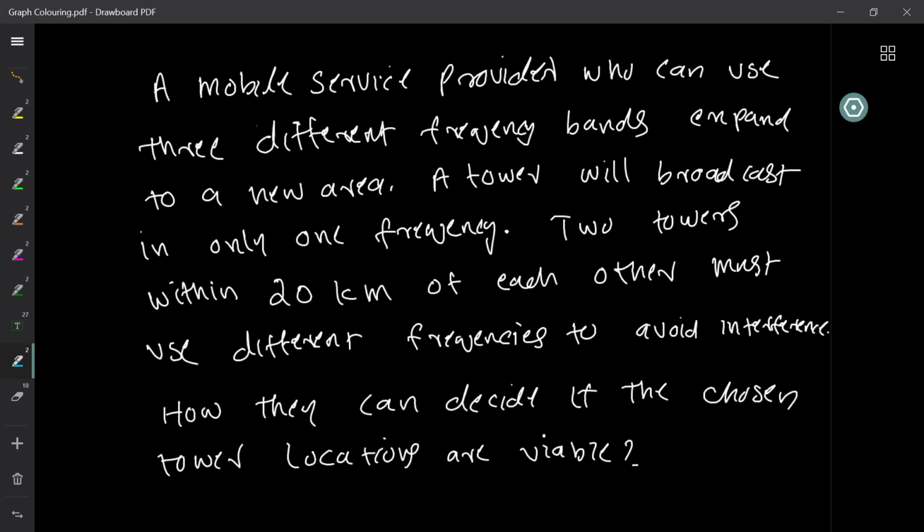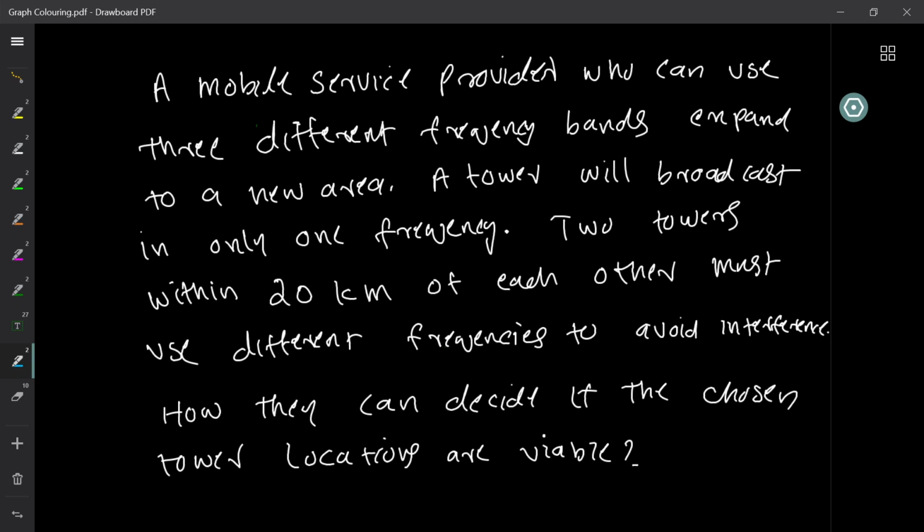Now, the plan is to build several towers so that all the areas are covered, but also to make sure that there is no interference. So the question is that if they come up with a plan, a layout of the towers, they can ask whether we can actually use only the three frequencies available to assign the frequencies to the towers.